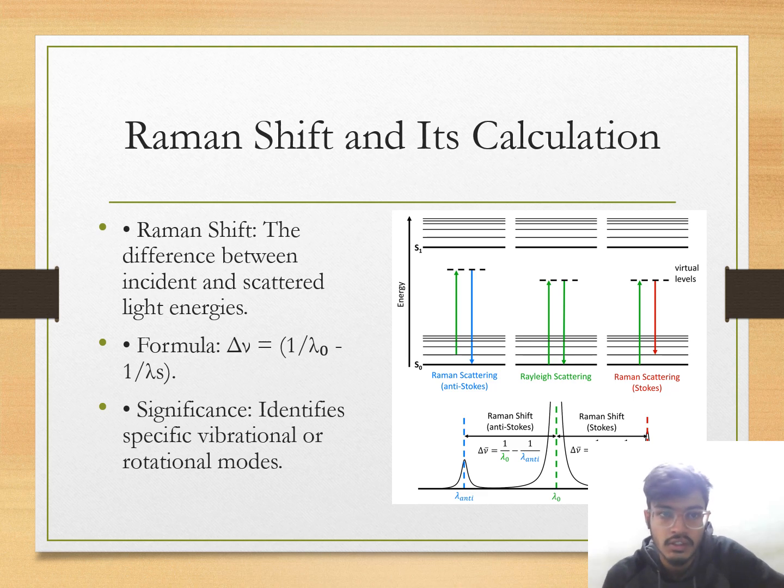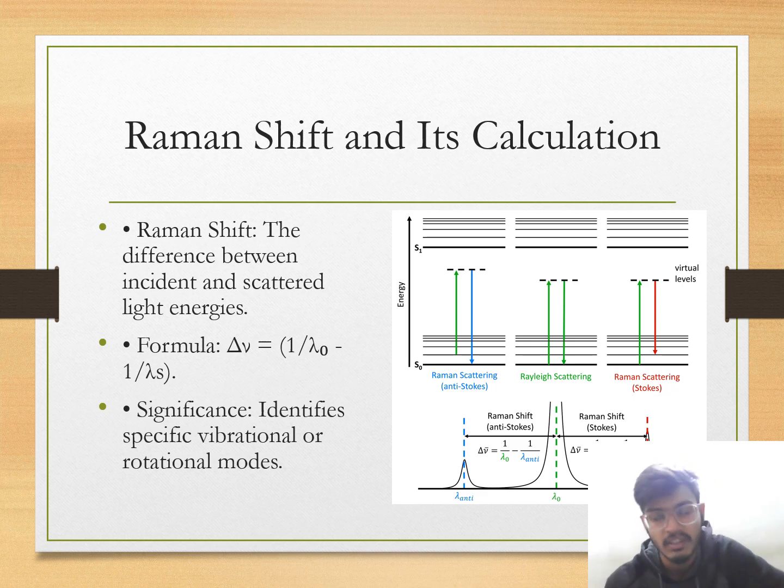Raman shift refers to the difference in the energy between the incident light and the scattered light in the Raman spectroscopy experiment. It is measured in wave numbers, and it provides information about the vibrational, rotational and other low frequency modes in a material.